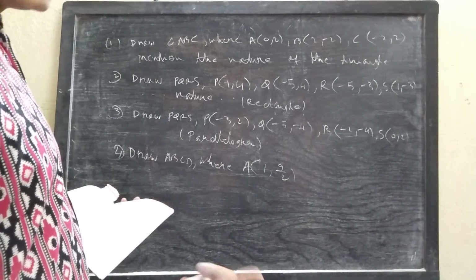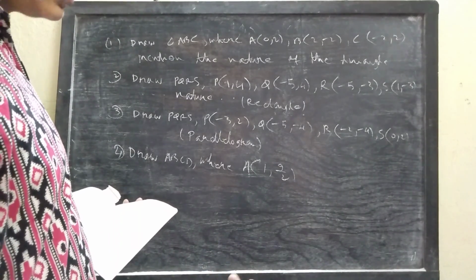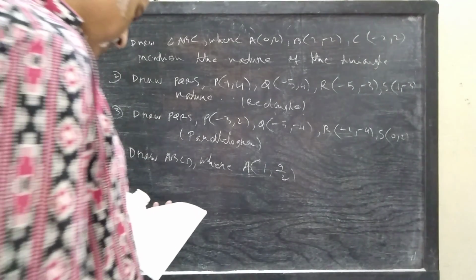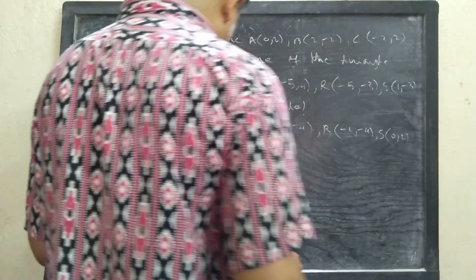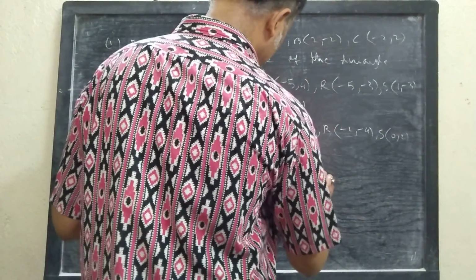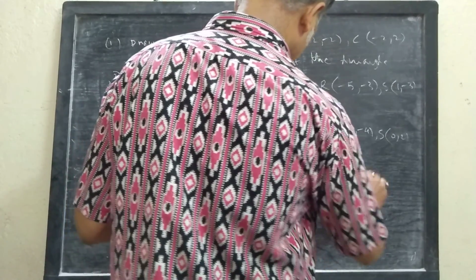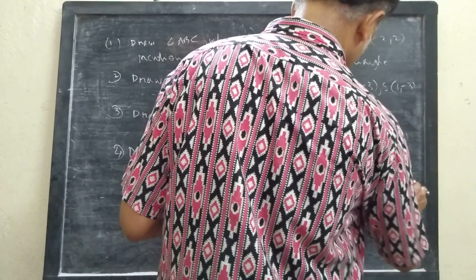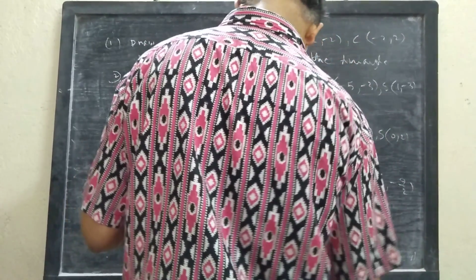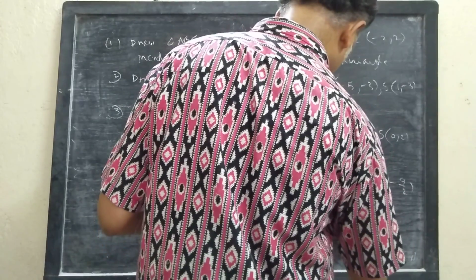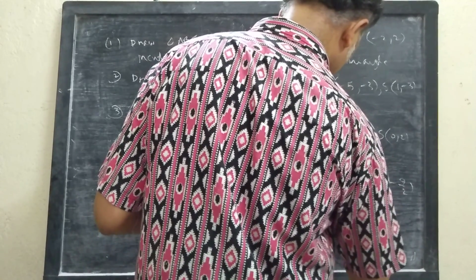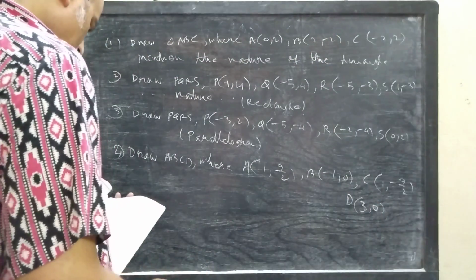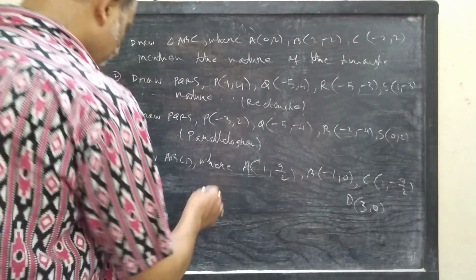So let us take a 10 division or 4 division or 6 division, one that is divisible by 2, otherwise you can't plot them. A (1, 9 by 2), B (minus 1, 0), C (1, minus 9 by 2), and D (3, 0). Its nature will be a rhombus.